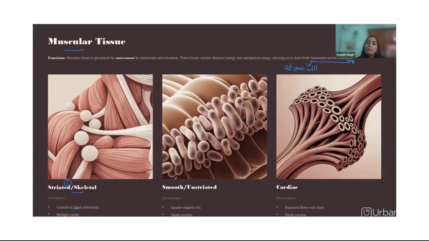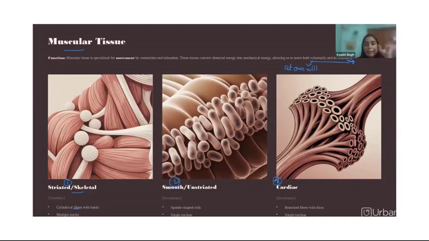If we talk about smooth muscles, you can imagine the parts inside, for example the intestine and stomach, which don't have bones. They have smooth muscles, and they have a single nucleus. They do not need a lot of nuclei, because they are not actively moving. They do some sort of movement, churning and all, but not actively moving. We'll see this again in depth. And the cardiac muscle.